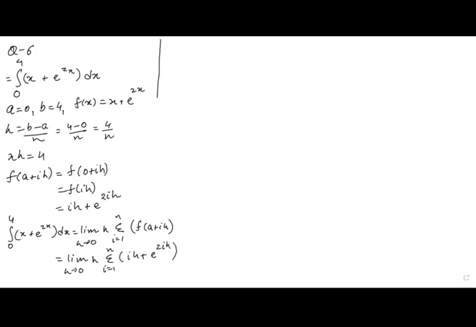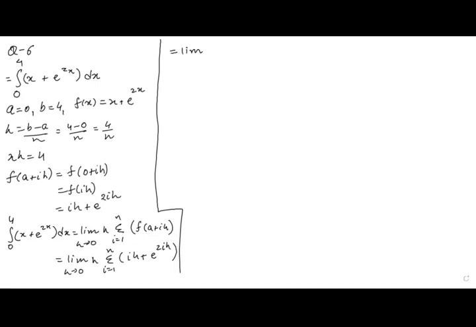Now see, we will give this limit and sigma to both of these terms and we'll solve individually because a different approach is applied for both of them. So limit h tends to 0 h sigma i 1 to n ih plus limit h tends to 0 h sigma i 1 to n e raised to 2ih.